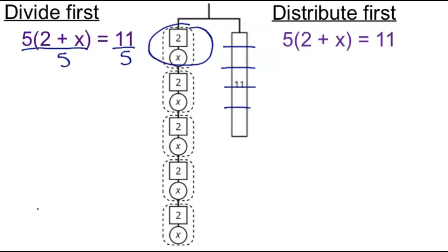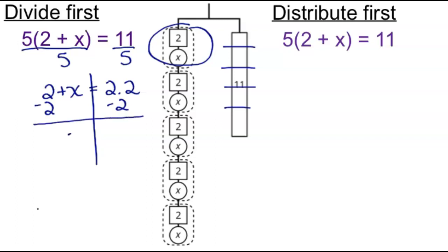So when we divide on the left, those 5 groups, we just get 2 plus x is in each one of the groups. And 11 divided by 5, you can write that 11/5, or you might be more comfortable with 2.2. So we have 2 plus x equals 2.2, and to solve for x, I'm going to subtract 2 from each side, and I'm going to get an answer of x equals 0.2, or x equals 2/10.